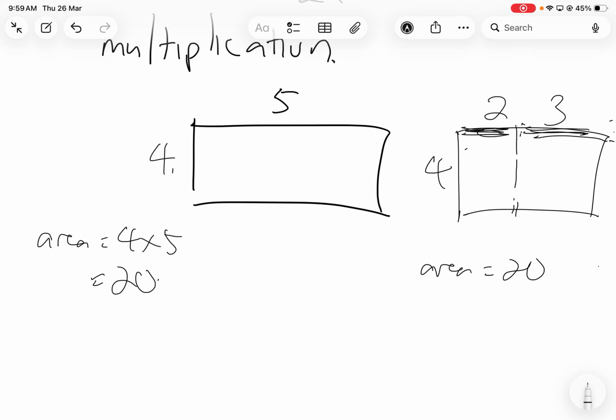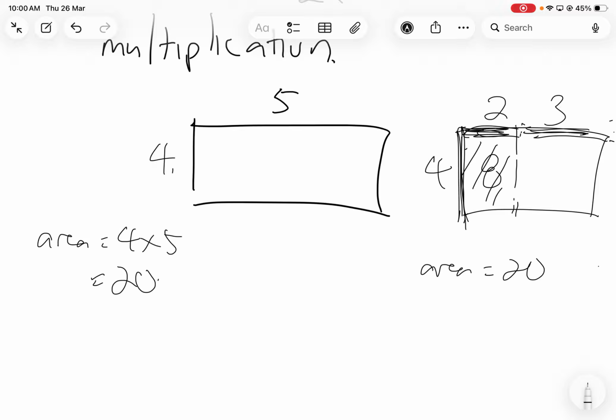Now they cannot. Okay. Then I want to ask you the next question. What is this area, this one to the side? 8. Why? 2 and 4. Because this side is still 4, this side is 2, so this one is 8. Then what is the other area? 12.